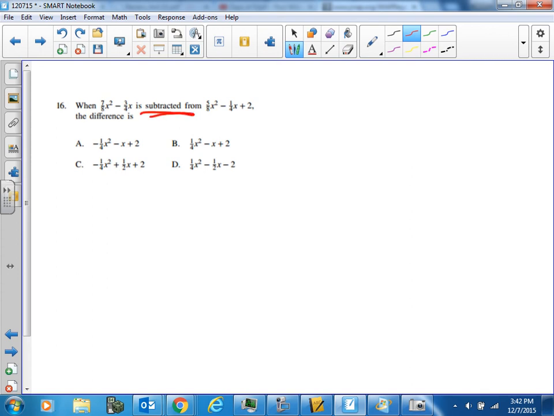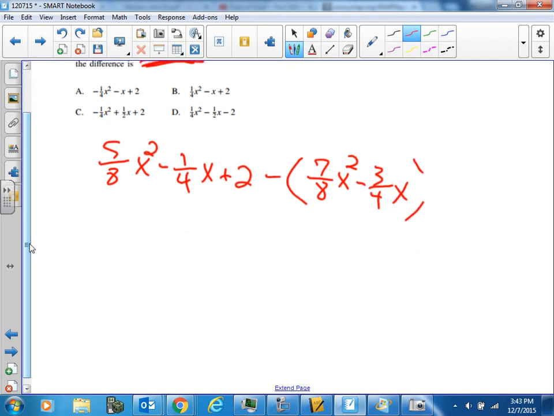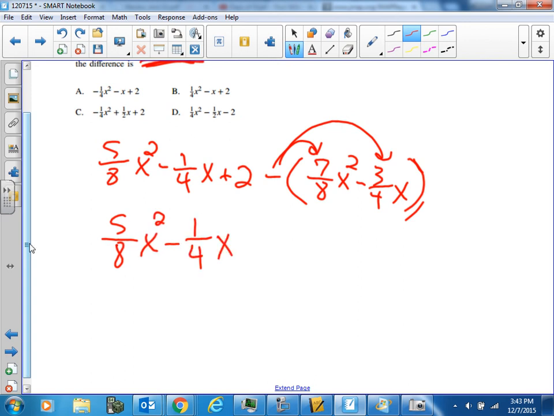So when you see it like this, subtracted from, you have to do 5/8 x squared minus 1/4 x plus 2 minus, now make sure you do parentheses because that minus has to be distributed, 7/8 x squared minus 3/4 x. All right, so what I would do, I don't know, a lot of different ways to do this. I would just distribute this negative and then just combine like terms. So 5/8 x squared minus 1/4 x plus 2 minus 7/8 x squared.